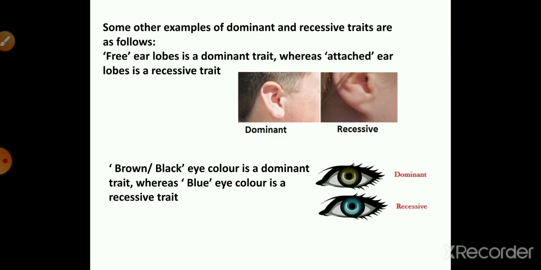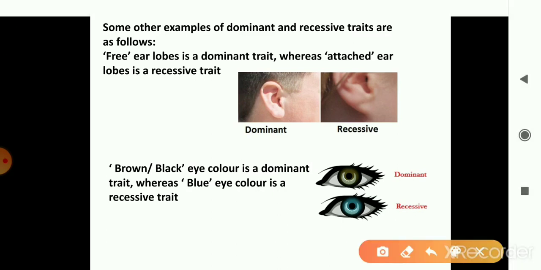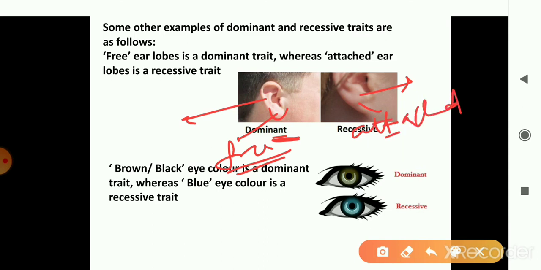There are other examples of dominant and recessive traits too, as we discussed in the beginning, like earlobes. There are 2 types of earlobes that people may have: the earlobe may be either free or attached. You must have seen most people having a free earlobe, and a free earlobe is a dominant trait, whereas an attached earlobe is a recessive trait.